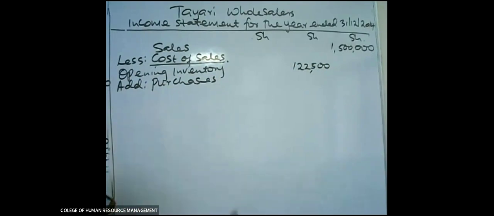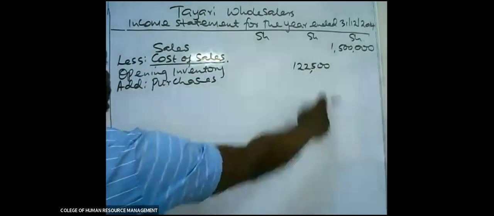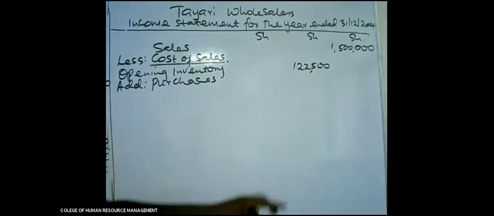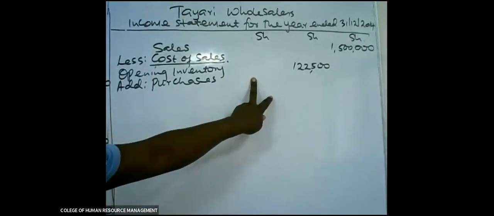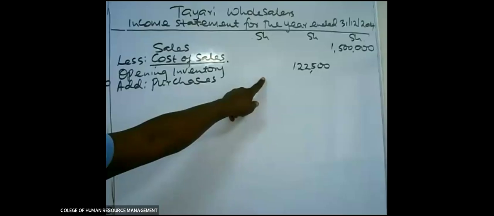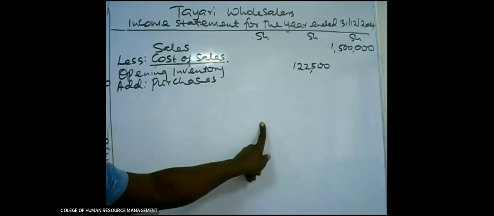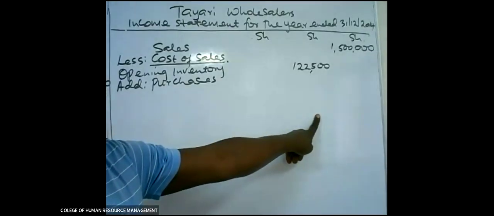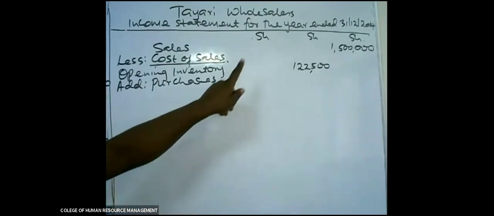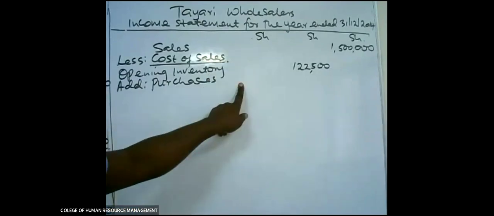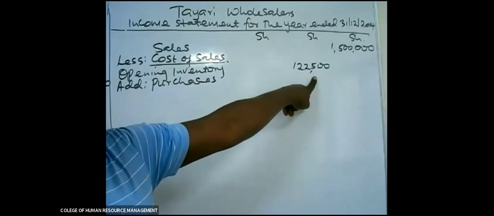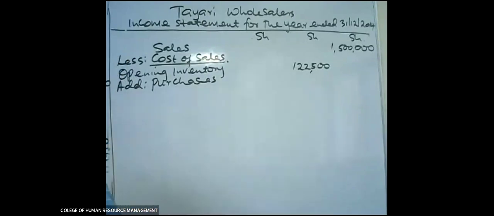So should I capture it here or take it here direct? What dictates is whether we have got carriage inwards or returns outwards or purchases returns or both. Do we have any of those? If we have them, then we need to adjust purchases first before we transfer the net purchases here. But if there is no carriage inwards and no purchases returns, then we just write it here direct because no adjustment is required to be made on it.